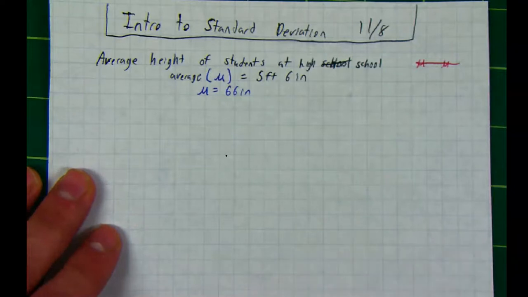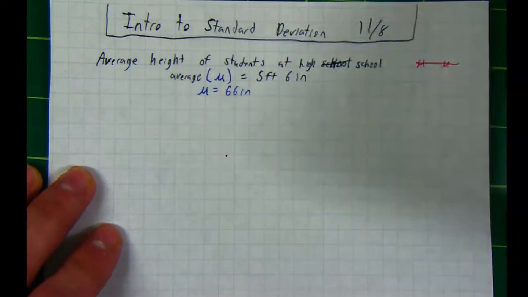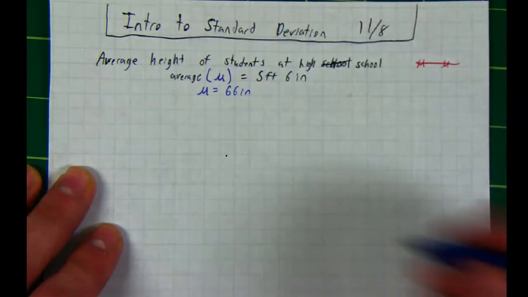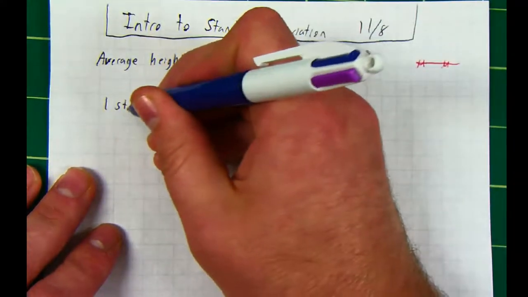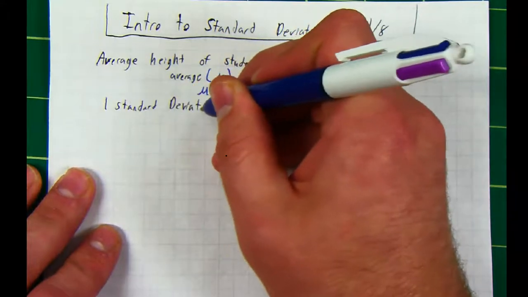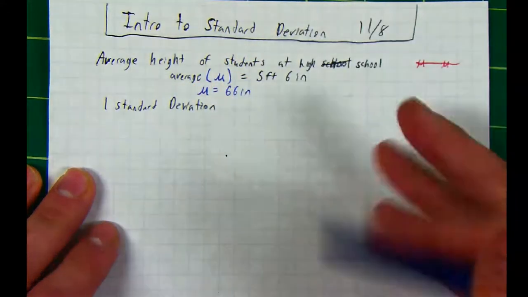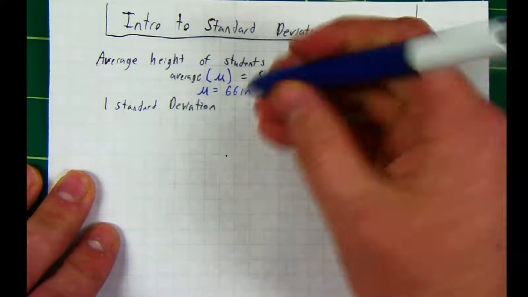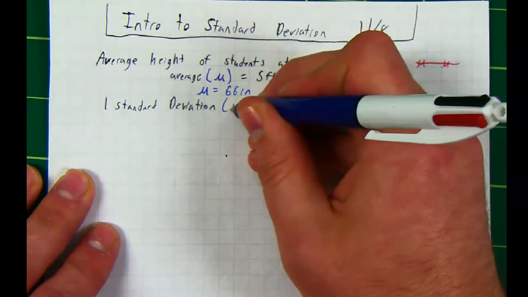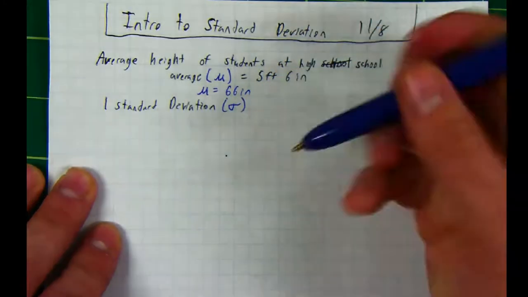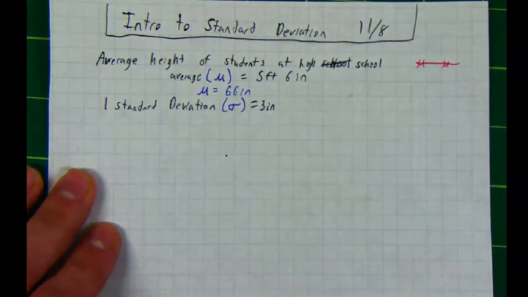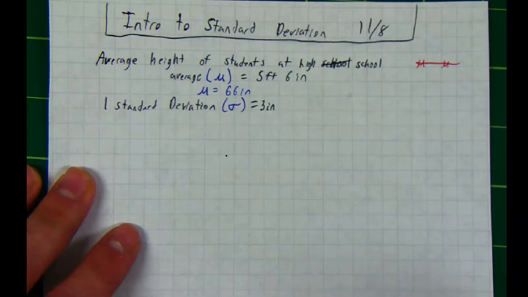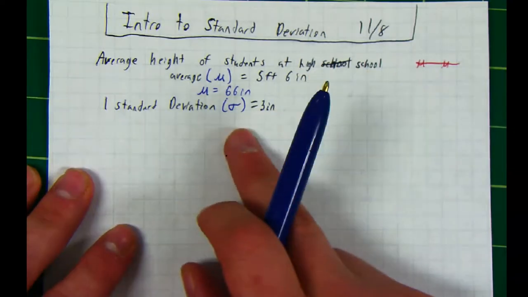Let's say we calculated our standard deviation using this formula. And let's say we got one standard deviation, and this is represented by the Greek letter sigma, which is just a circle with the line coming out the top. And let's say one standard deviation was 3 inches. Here's the deal. Every year I have a kid ask me, where did I get those numbers from?